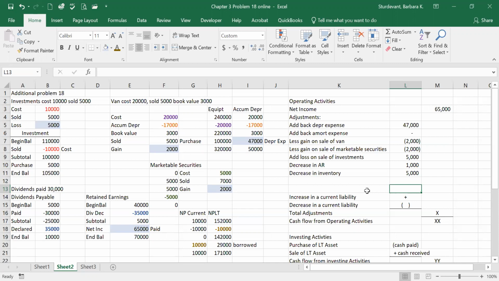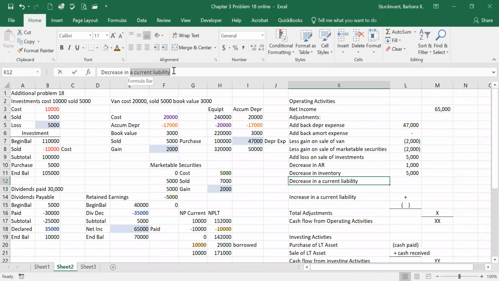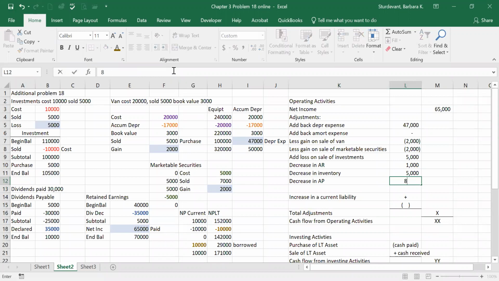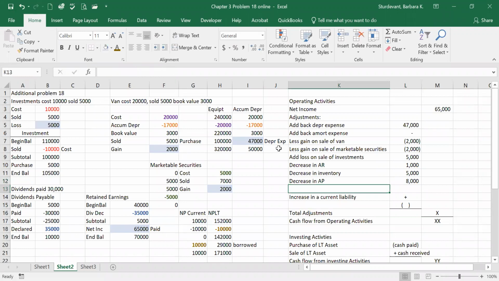All right, so then we need to go to current liabilities. What do you got? What goes here? That would be your decrease in accounts payable of 8,000, so you would have to add that back. Okay, so. All right, so let's think here. Current assets are opposite.